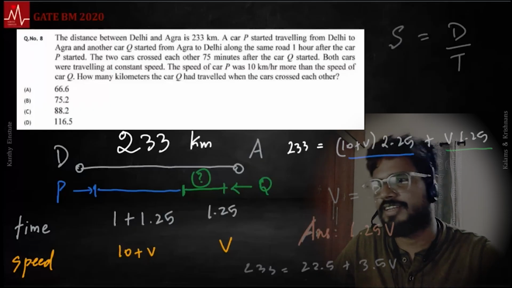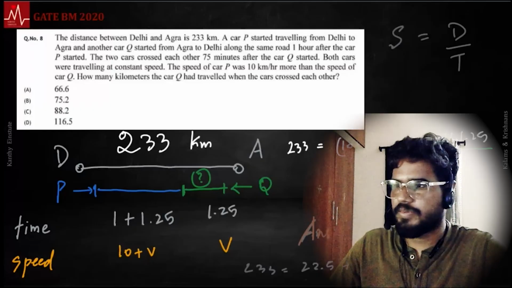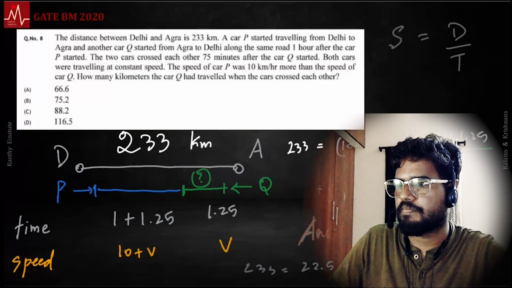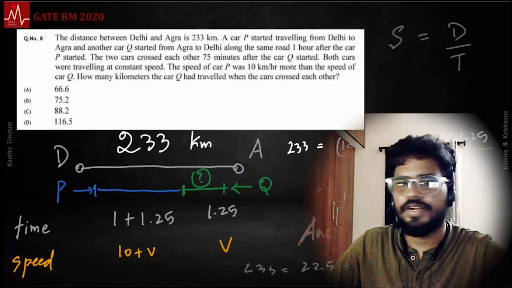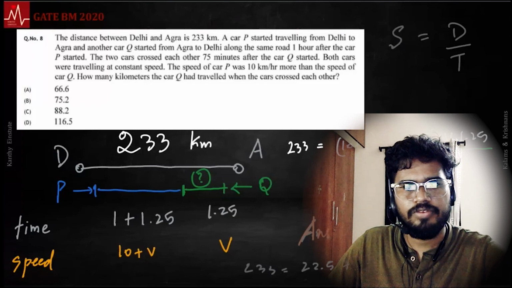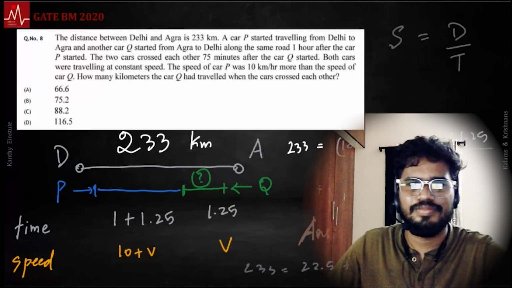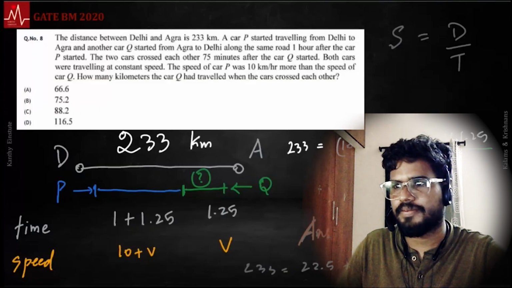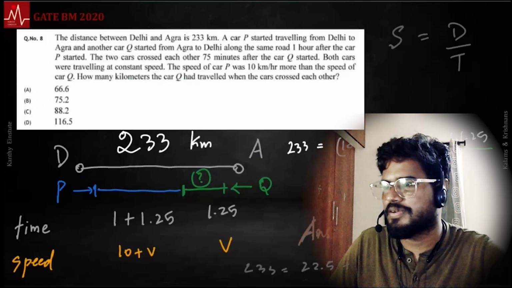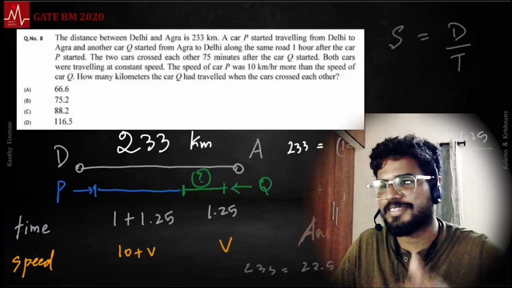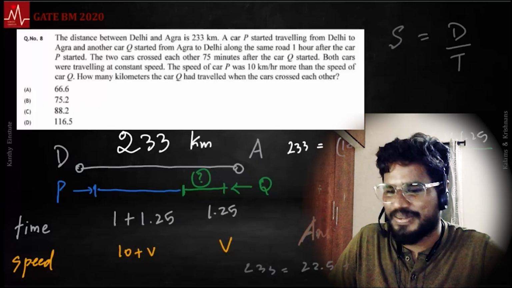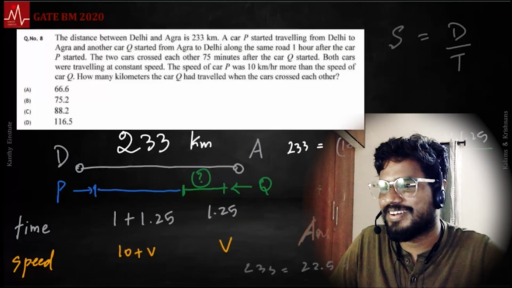So finally, get calculator, 60.7. That into 1.25. 75.89. I'm getting 75.89. Options are 66.6, 82.2, 116.5, 75 point.